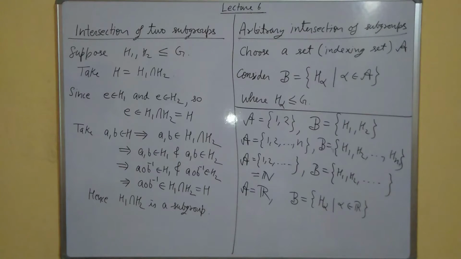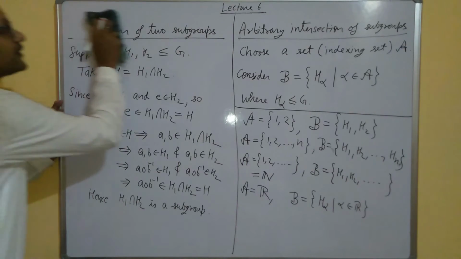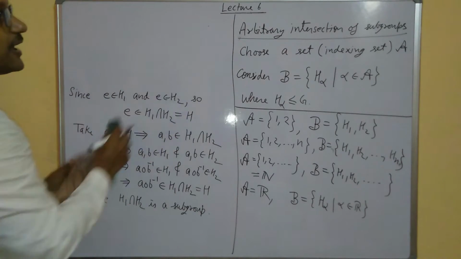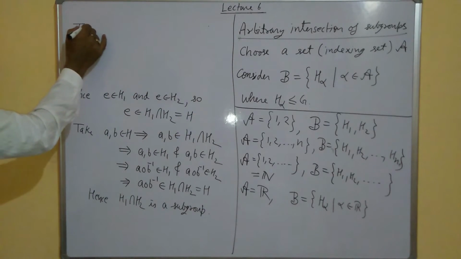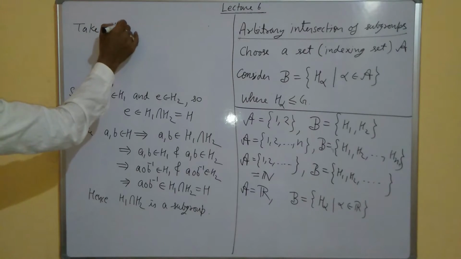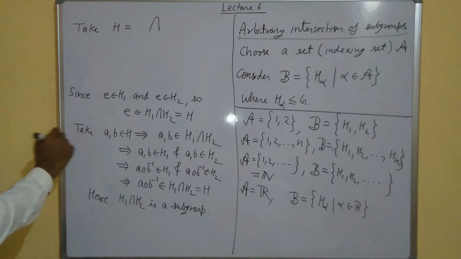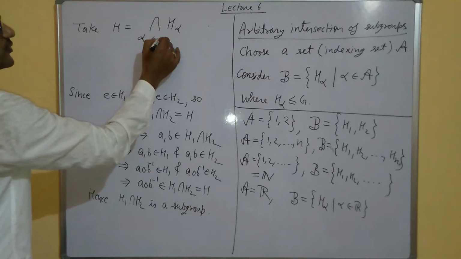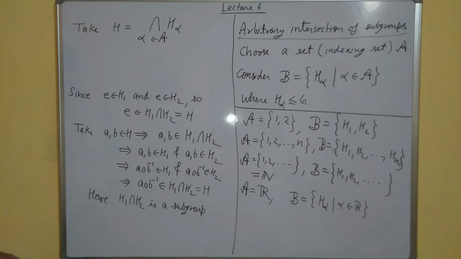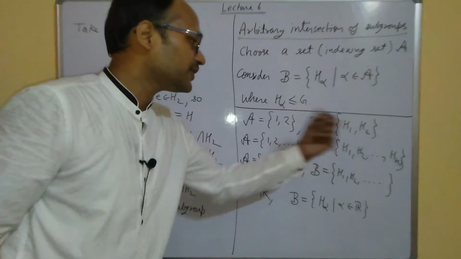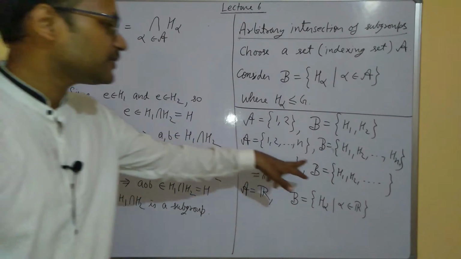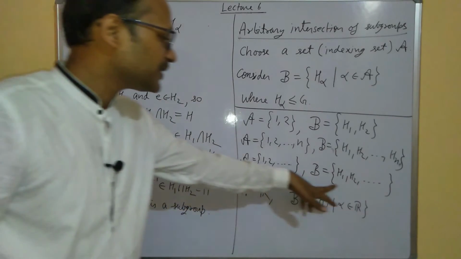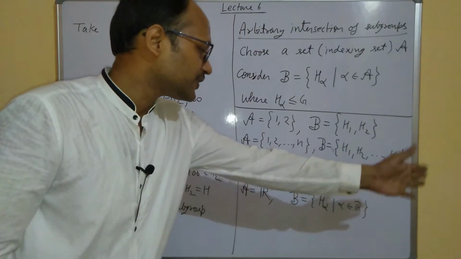Now we will prove that the intersection of all the elements of B is a subgroup. So take H to be the intersection of H alpha such that alpha belongs to A. If we have 2 elements, then H1 intersection H2. If we have n elements, then it is H1 intersection H2 up to Hn. If we have infinitely many elements, then H1 intersection H2 and so on.